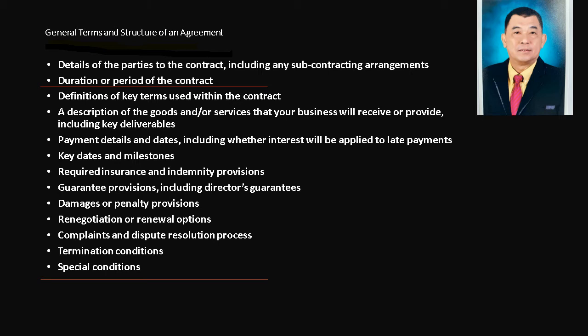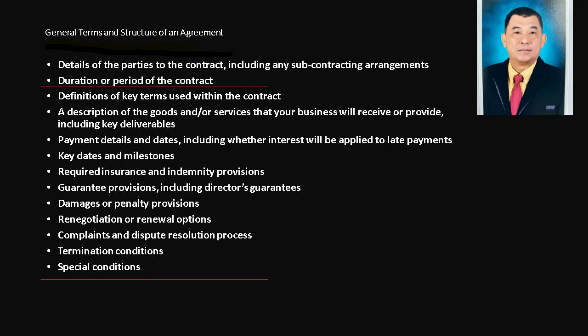Contracts may follow a structure that can include, but is not limited to, the following items. Details of parties to the contract, including subcontracting arrangement, including address, age, name of spouse, birth date. So those are the details.